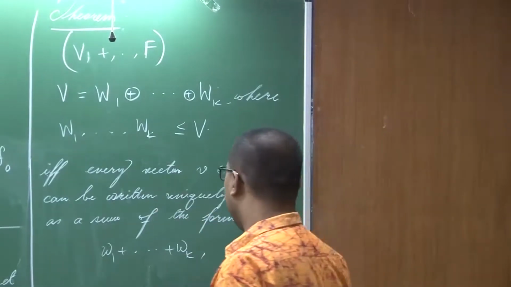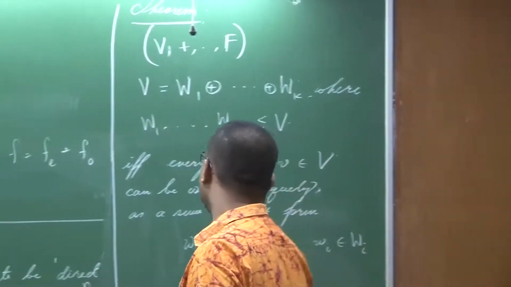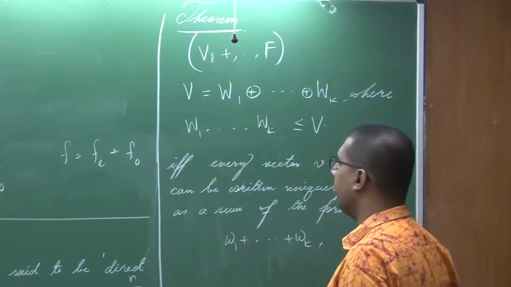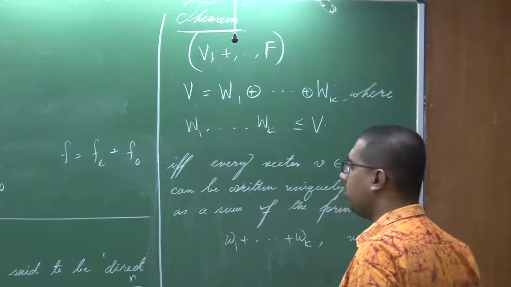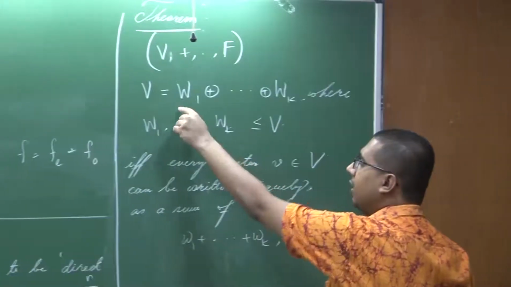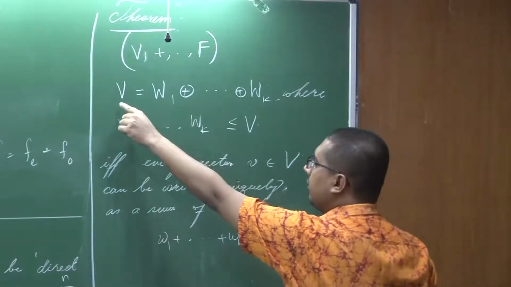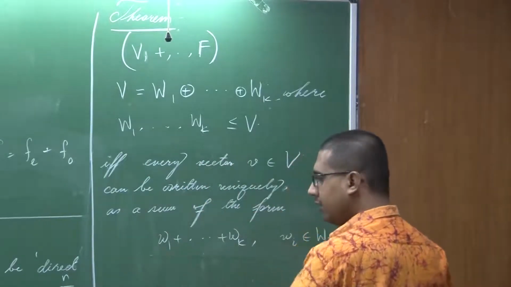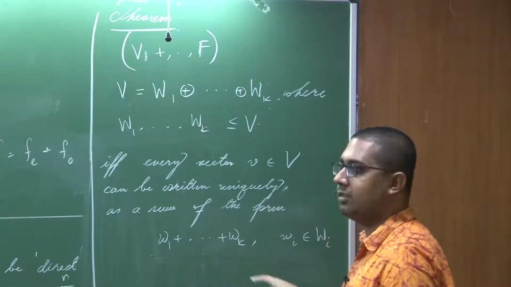So, why is this equivalent? That is very easy to see. First of all, assume that the sum is direct, that V is the direct sum of W1 up to Wk. Since V is the sum, every v can be written like this. Now you have to show why this is unique.